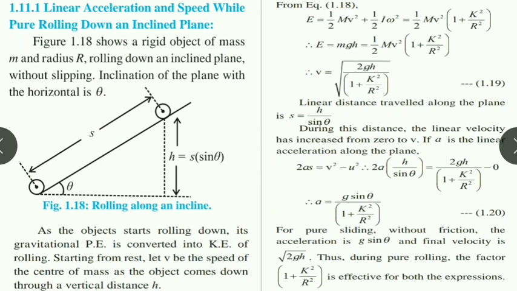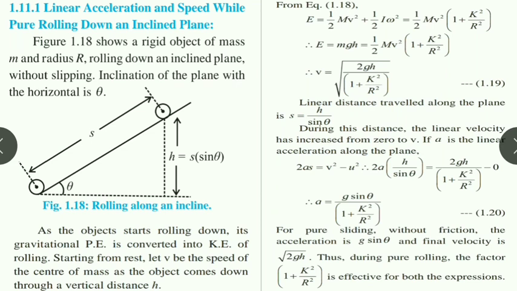During this distance, the linear velocity has increased from 0 to v. If a is the linear acceleration along the plane, then using kinematical equations, v square minus u square equals 2as. Here substitute the value s equals h upon sin theta, and also substitute the value for final velocity v, which equals square root of 2gh upon 1 plus k square upon r square.